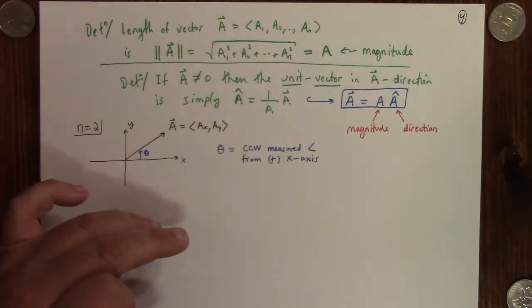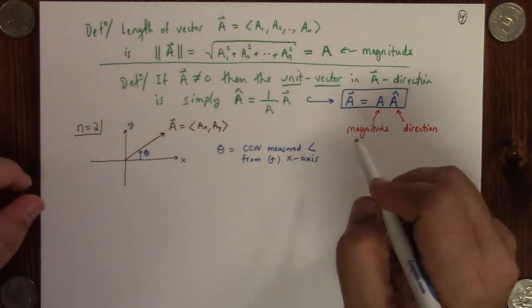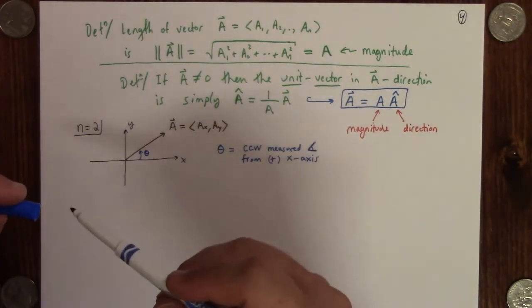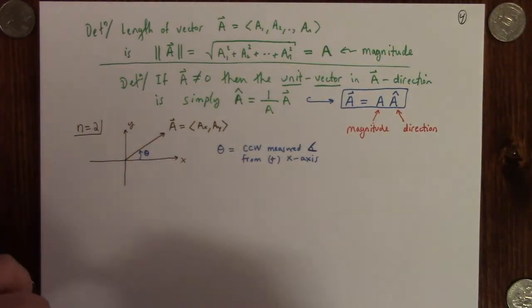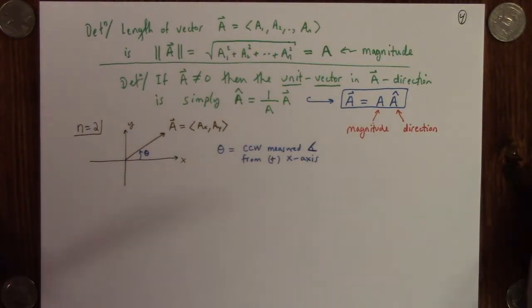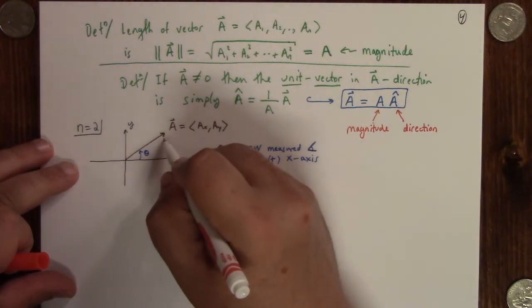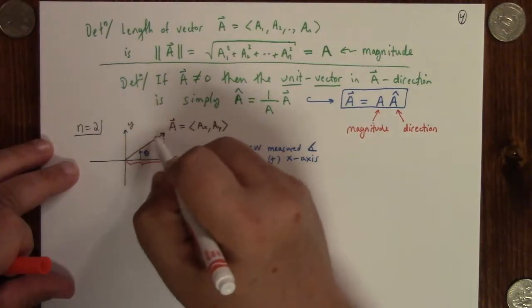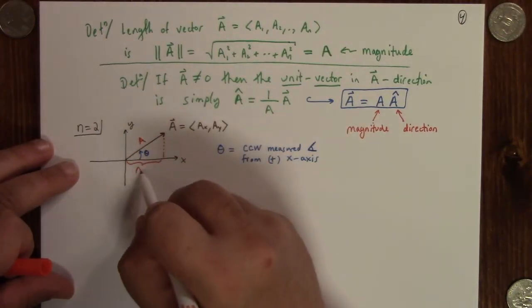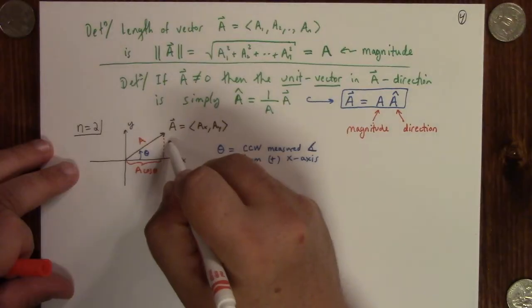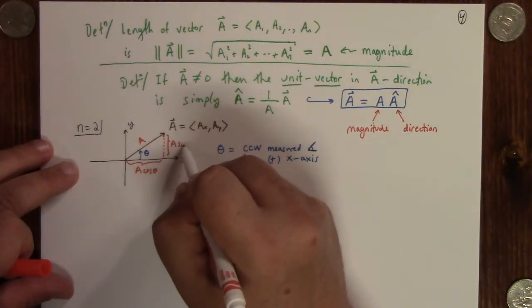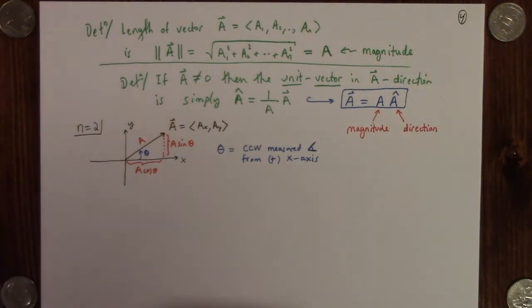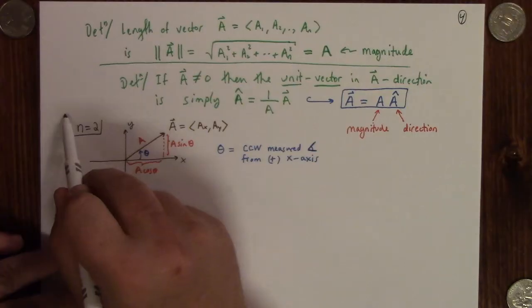All right. So counterclockwise angle measured from positive x-axis. And if you look at the right triangle trigonometry of that, you can see something immediately. If we drop that down like this, the hypotenuse is the magnitude, which is A. So that makes this A cosine theta, and this over here A sine theta. So let's put the geometry together with the algebra.